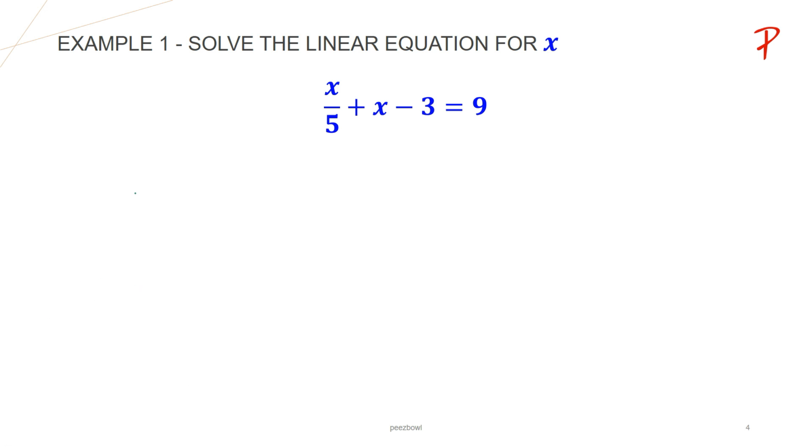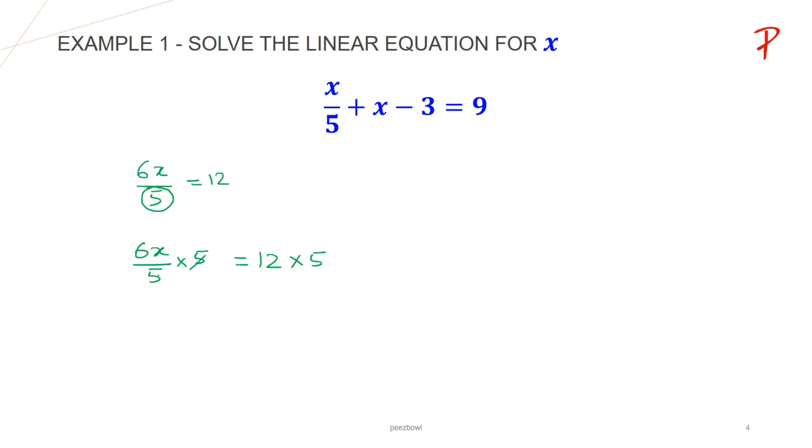I will go to next slide. So we have 6x upon 5 is equal to 12. Now I have to remove 5 from the denominator's place. How will I do that? In order to remove 5 from the denominator, I will multiply 5 both the sides, right?